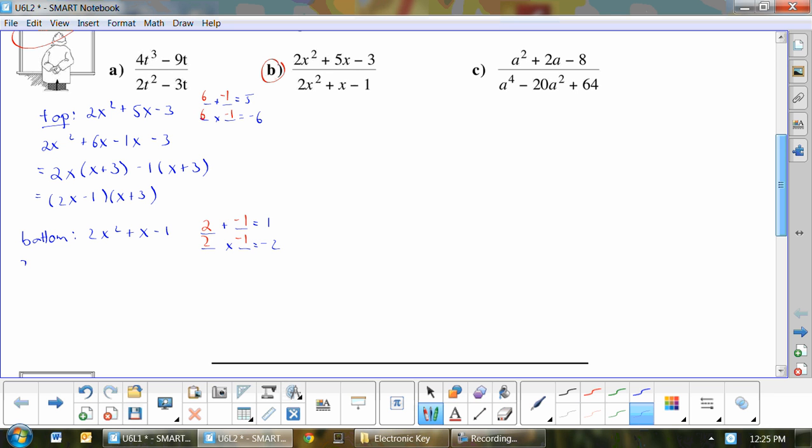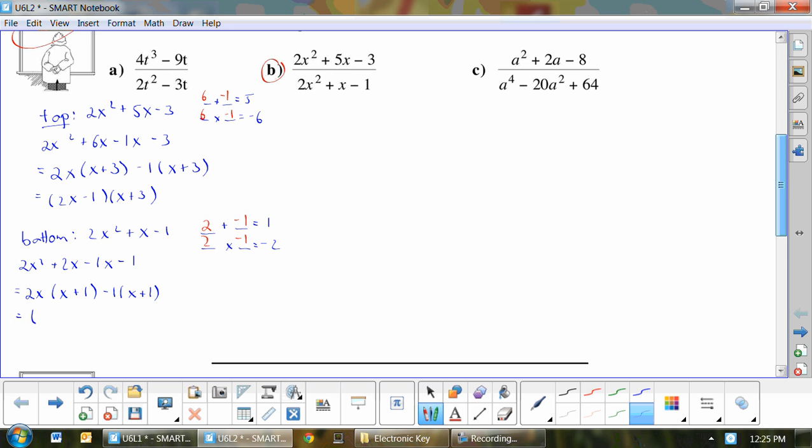Okay, so we go 2x squared plus 2x minus 1x minus 1, which is 2x(x plus 1) minus 1(x plus 1).